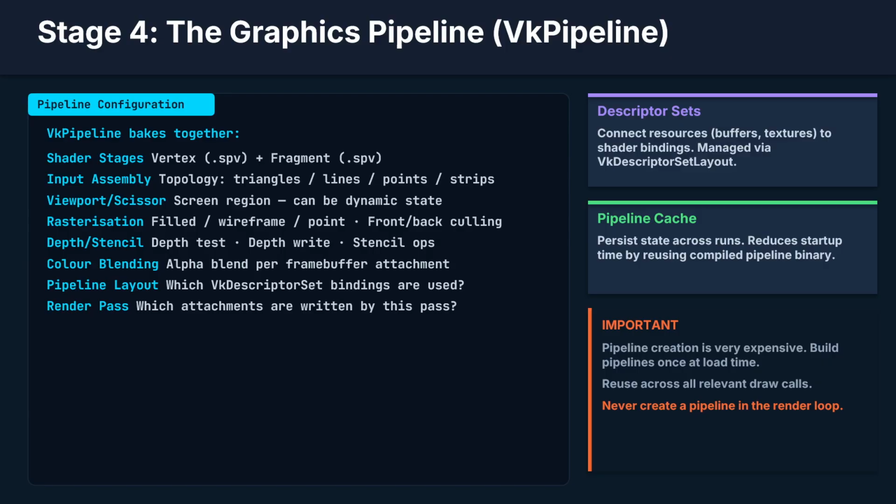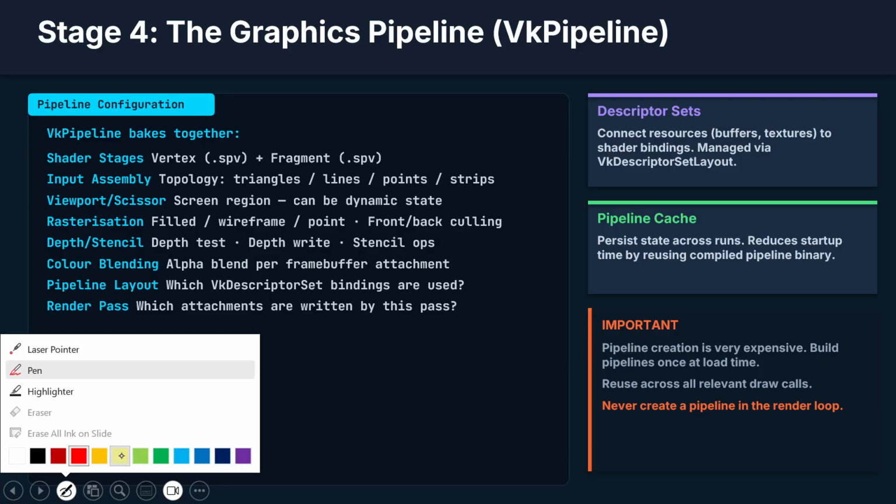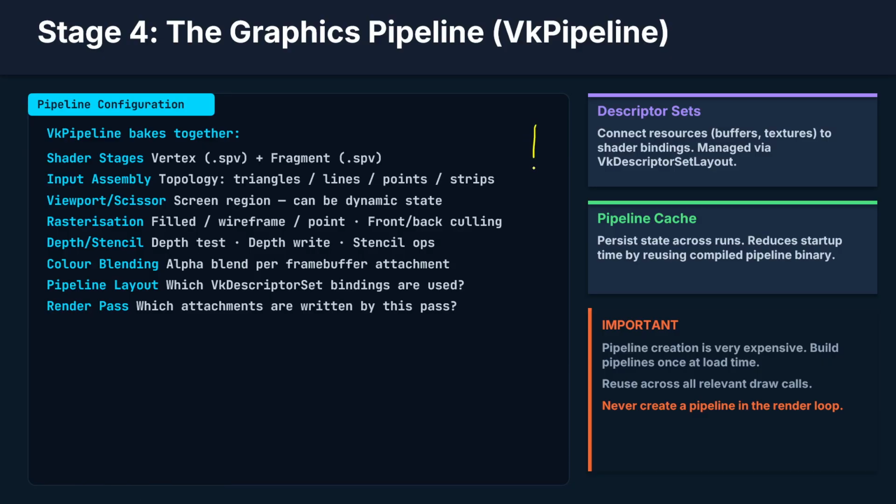So if you see on your screen, these are all the steps that you do for a graphics pipeline. For a compute pipeline you don't have that many configurations, but for a graphics pipeline you have such configurations.